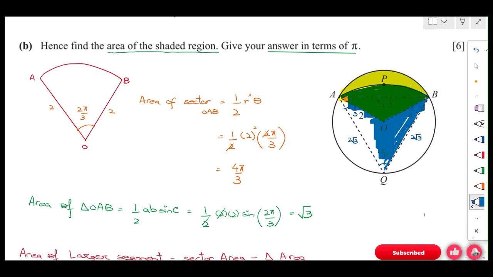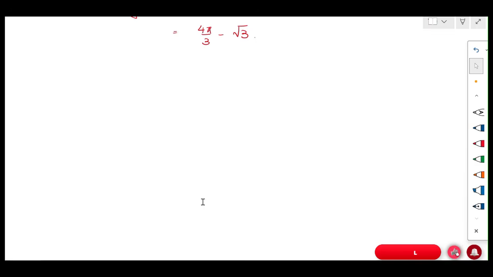Okay, now let me figure out the area for the sector QAPB. Let me go down. Area of sector QAPB. Again, half radius square theta.